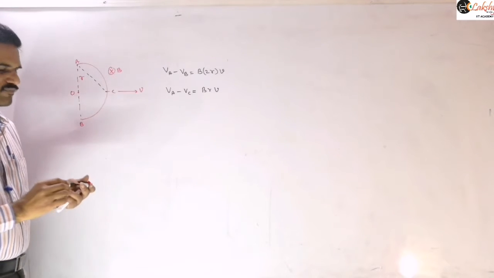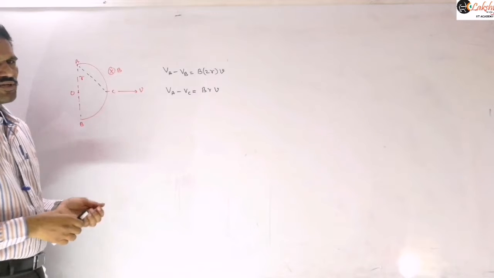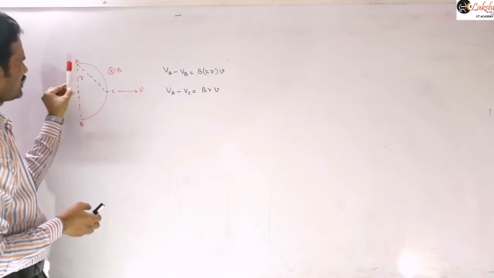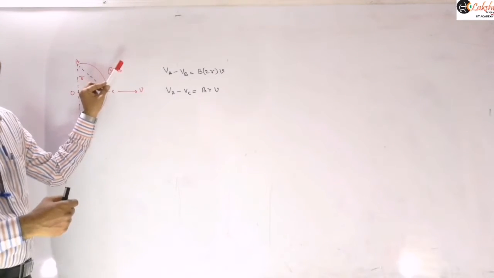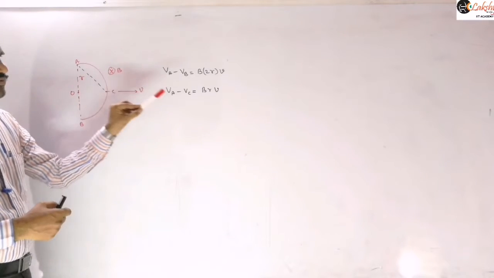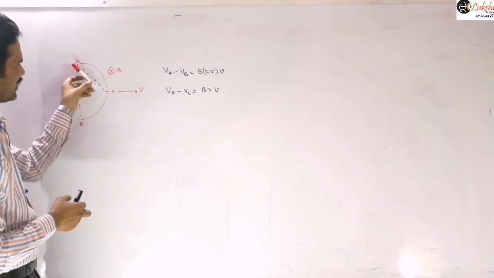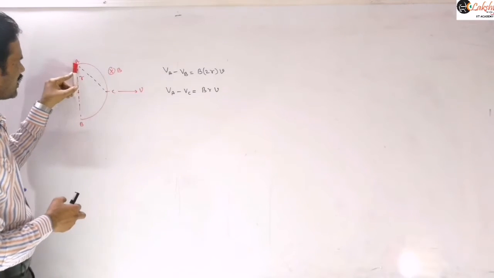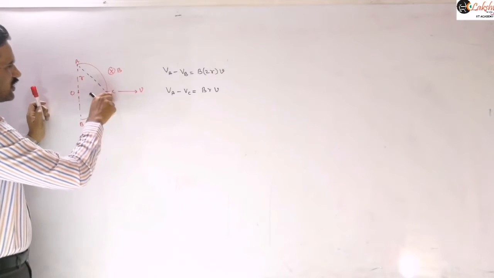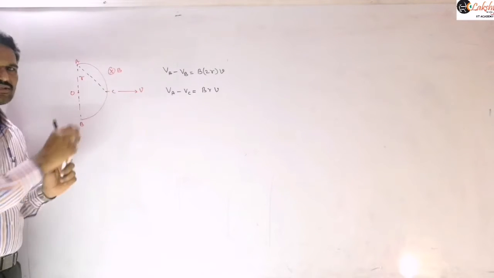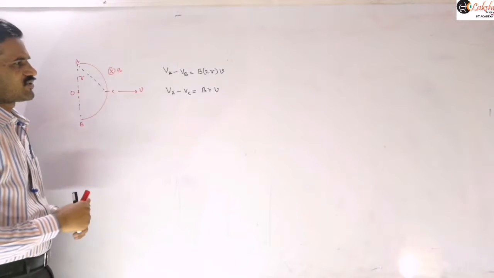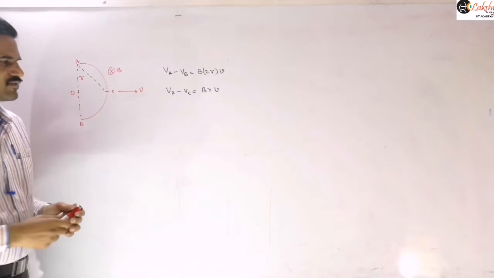For taking the component, this length will be root 2 R, and V sin 45 will be V by root 2. So root 2 R into V by root 2, and finally you will get the same value. So directly what I am taking is its projection along here. The potential difference between A and C and the potential difference between O and C will be the same numerical value. So like that you can write here.